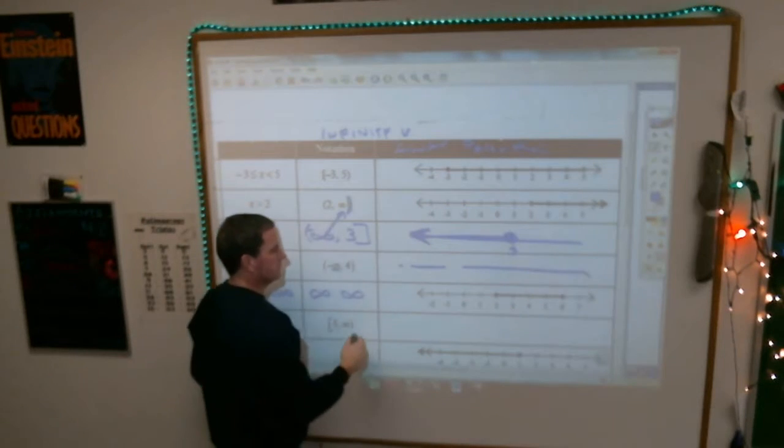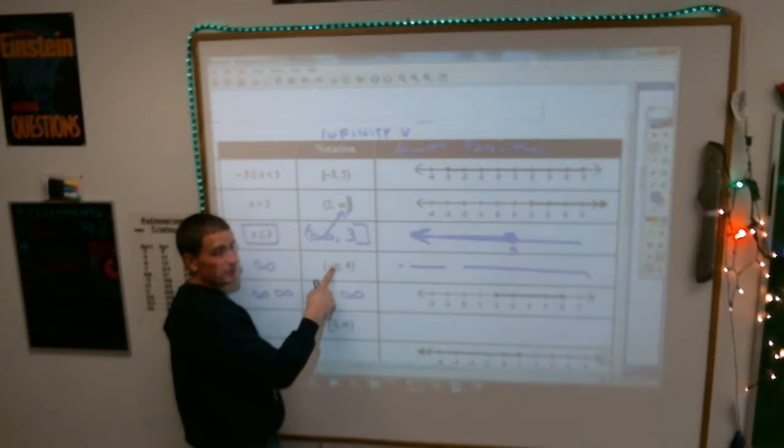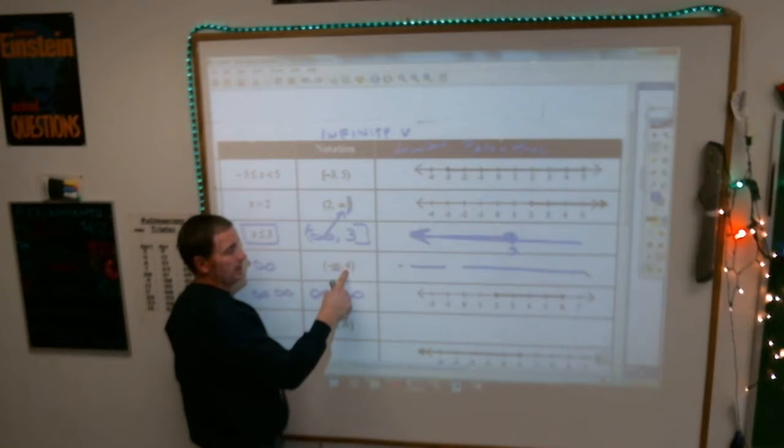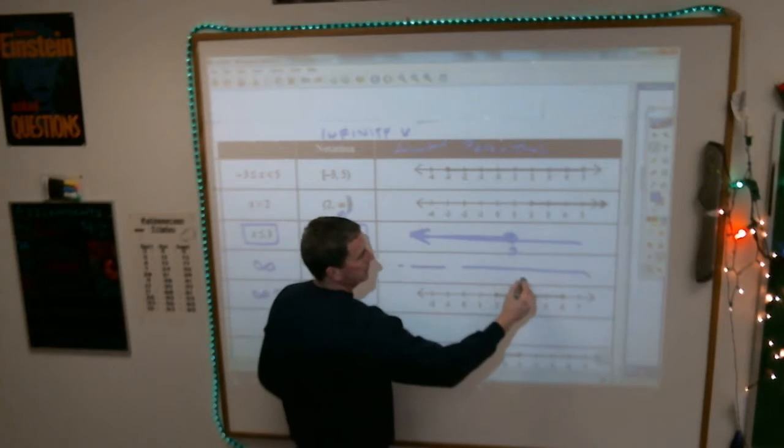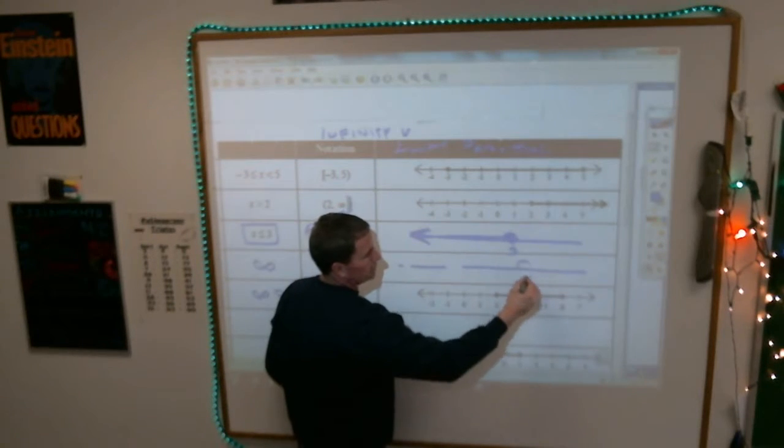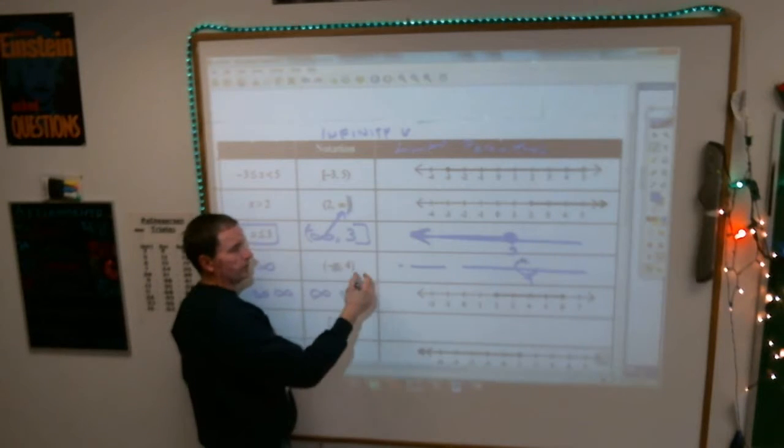So graphing this one, what do you have? If you have this one, it goes forever to the left, because it goes forever negative infinity. Does it equal 4, or is it gonna be an open circle or a closed circle at 4? A parenthesis means it does not equal, correct? So at 4, there should be an open circle, and it goes forever left.